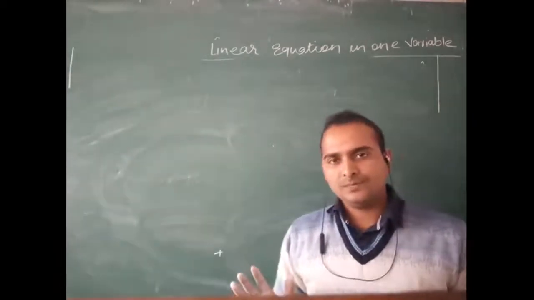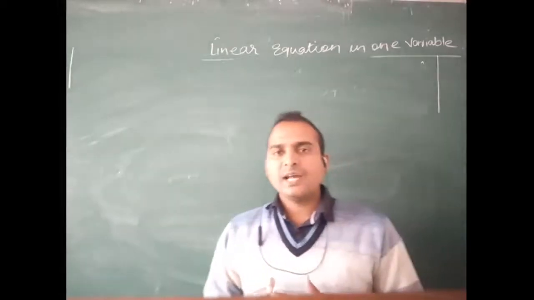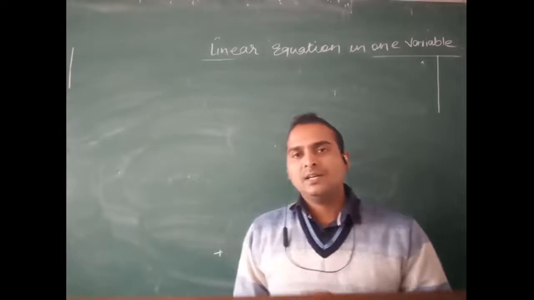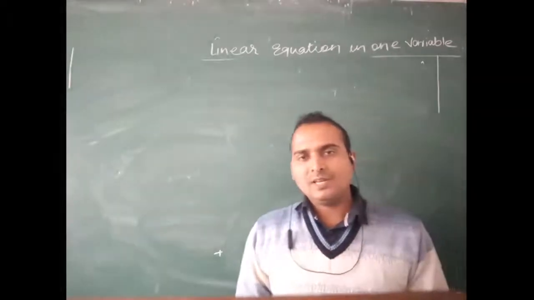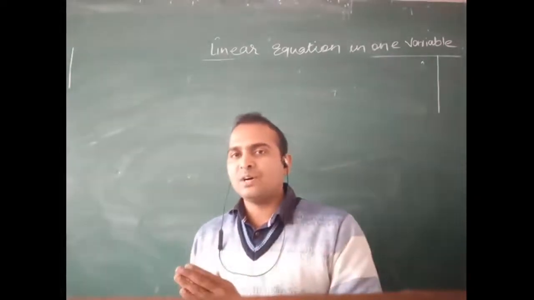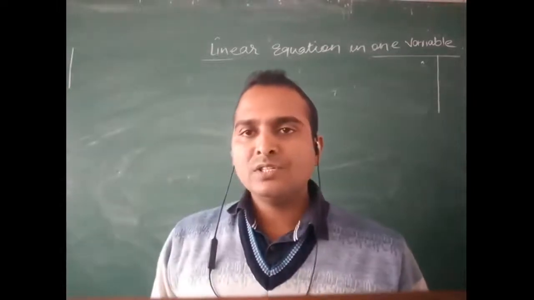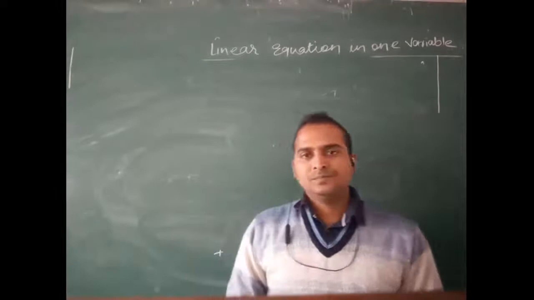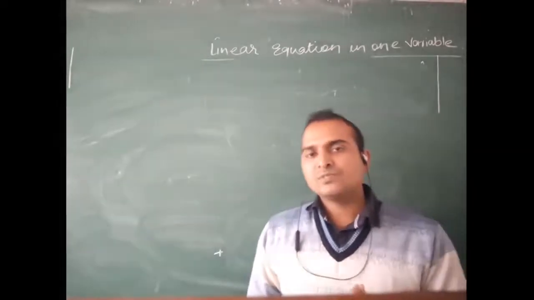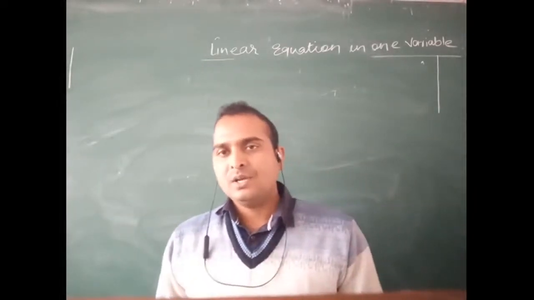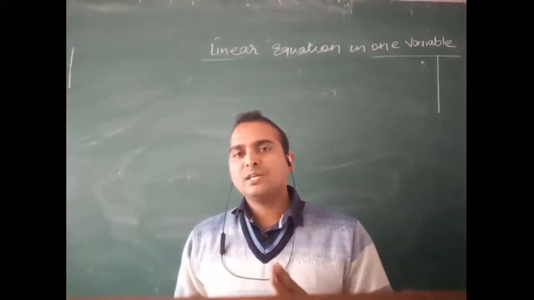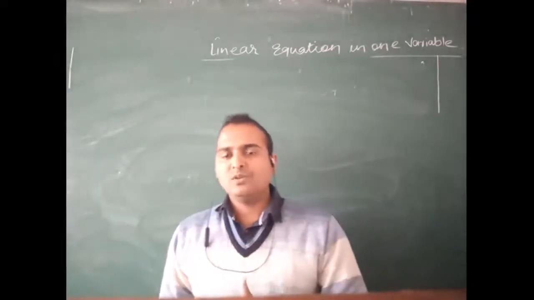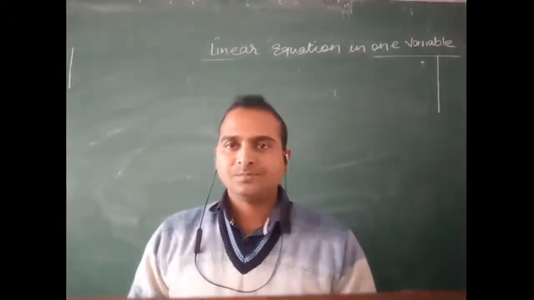Like terms are added or subtracted. You cannot subtract apples from mangoes. If it is asked you to subtract 5 apples from 10 mangoes, this is not possible. You can subtract 5 apples from 10 apples. Similarly you can subtract x from x, y from y, not y from x.